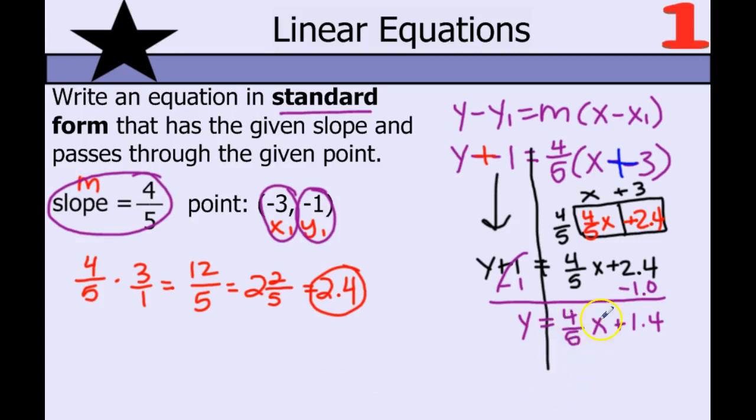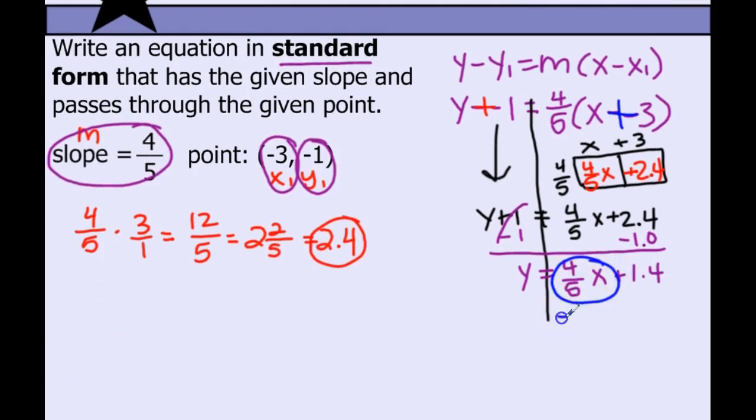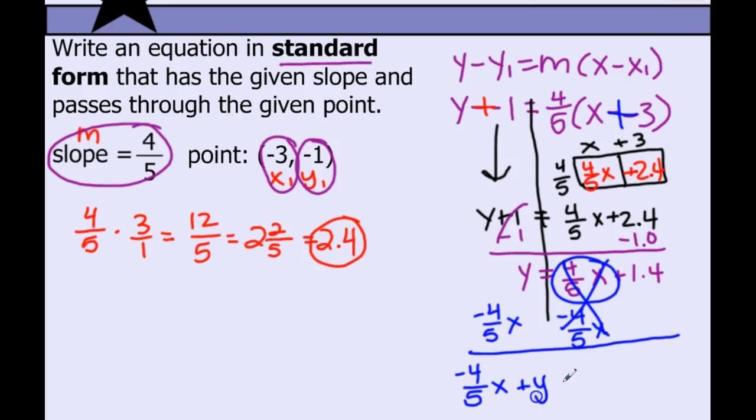So right now they're on different sides, so let's move this x over to be with the y. Right now it's a positive 4/5 x, so I'm just going to subtract 4/5 x. So 4/5 minus 4/5 makes 0, so we have -4 over 5 x plus y equal to 1.4. There's my answer in standard form.